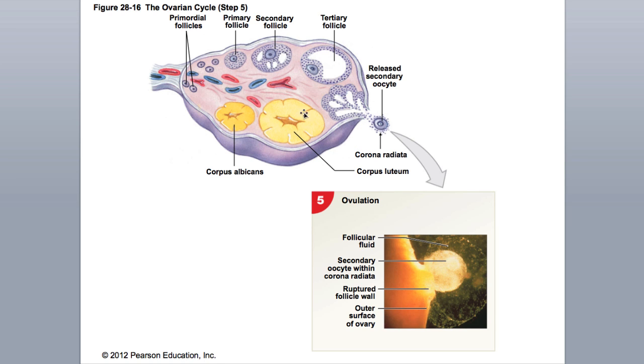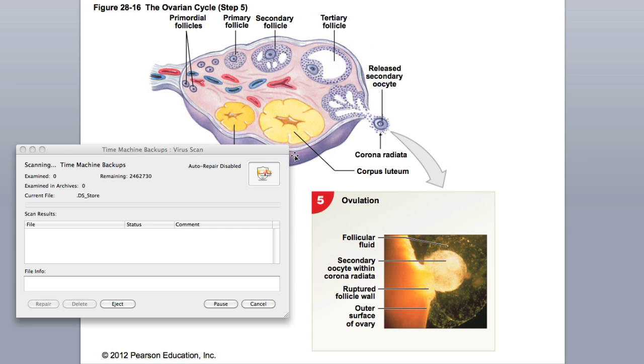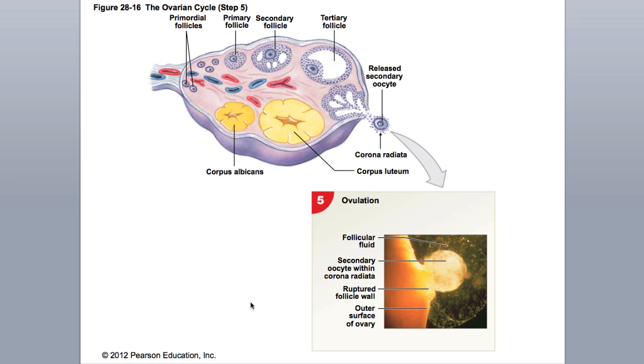So what do you think the corpus luteum is saying to itself? It's saying, I'm going to produce estrogen and I'm going to produce progesterone until either the egg is implanted or not. And I'll give it about 2 weeks.